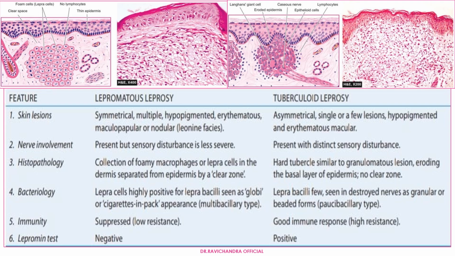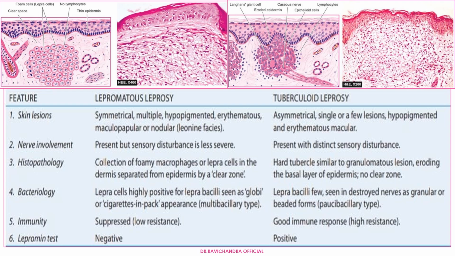Whereas in tuberculoid leprosy, there will be hard tubercles similar to granulomatous lesions, consisting of epithelioid cells, Langhans type of giant cells, and few lymphocytes eroding the basal layer of the epidermis. So there is no clear zone in tuberculoid leprosy.